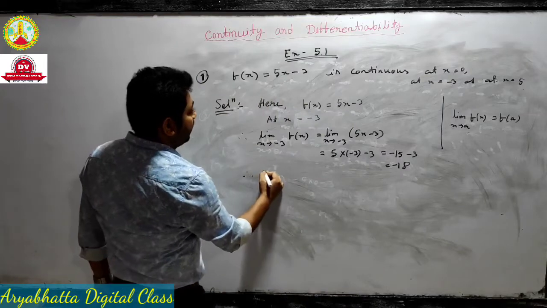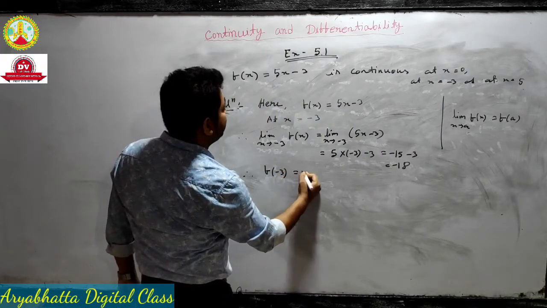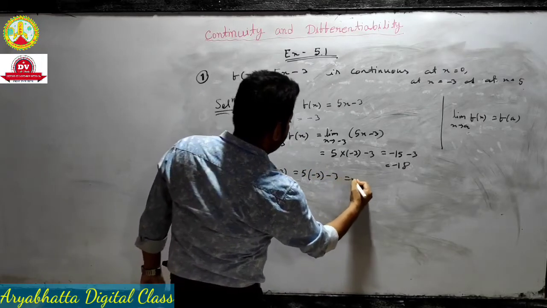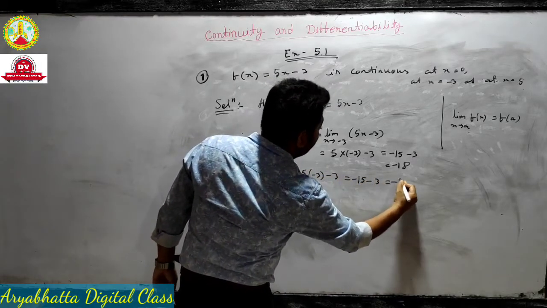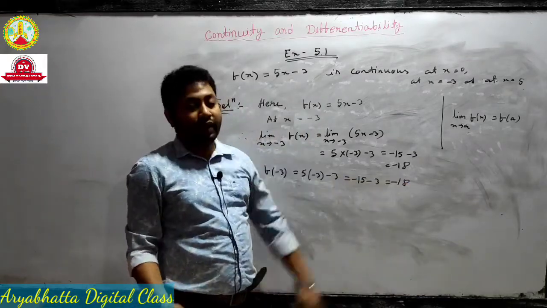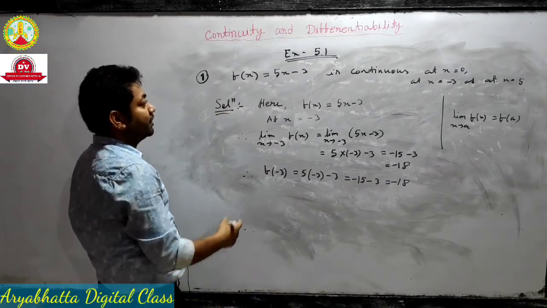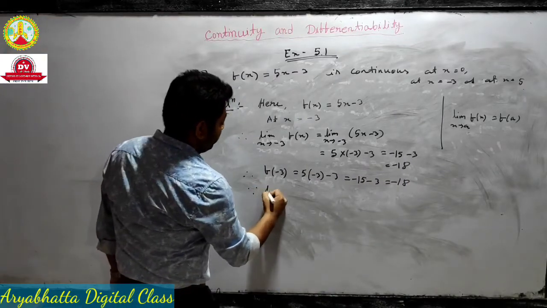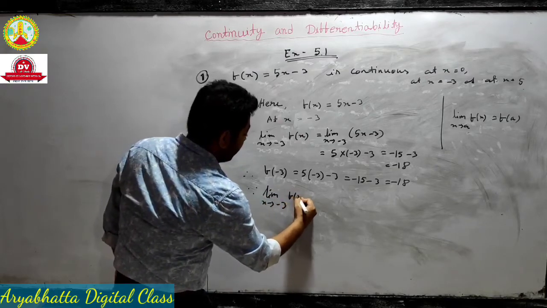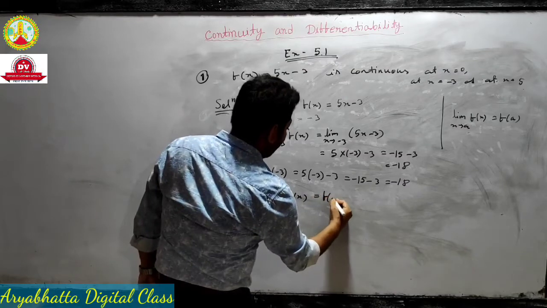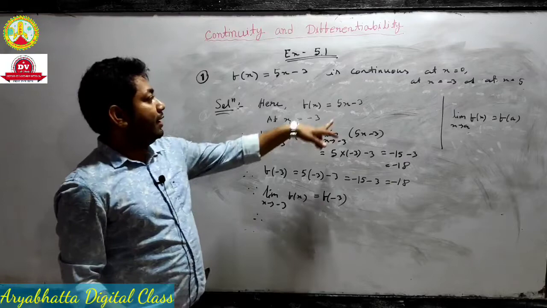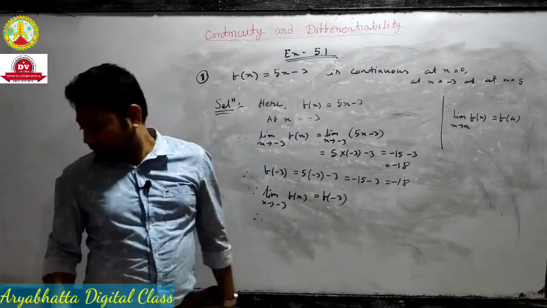Next, f of minus 3 equal to 5x minus 3, 5 into minus 3, is equal to minus 15 minus 3 is equal to minus 18. Here, limit x tends to minus 3 is equal to f of minus 3 is equal to minus 18. Therefore, this function is continuous at x equal to minus 3, since limit x tends to minus 3, f of x is equal to f of minus 3.